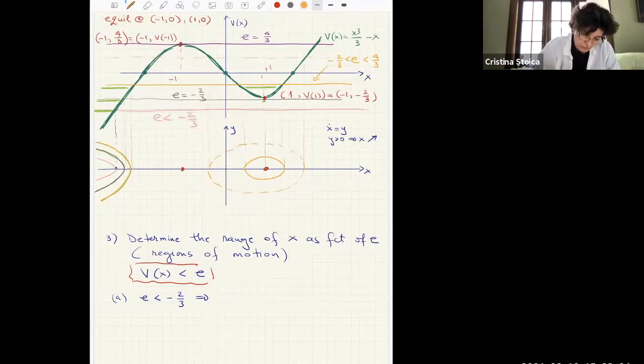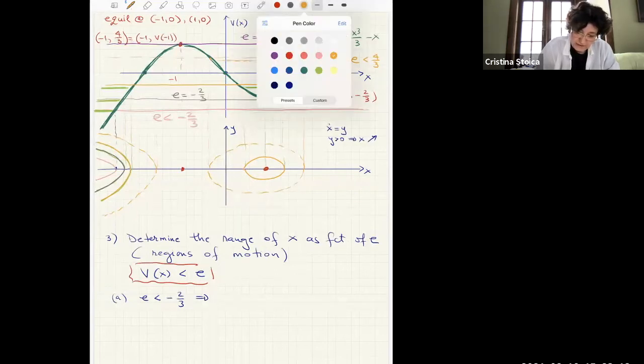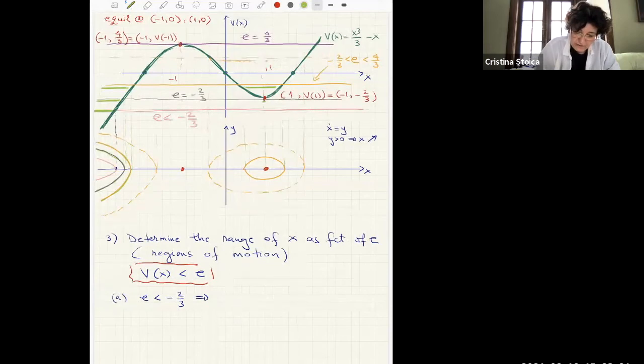So for this guy here, the part that is the dark green is under, for this area, right? And that's what I'm taking down here.